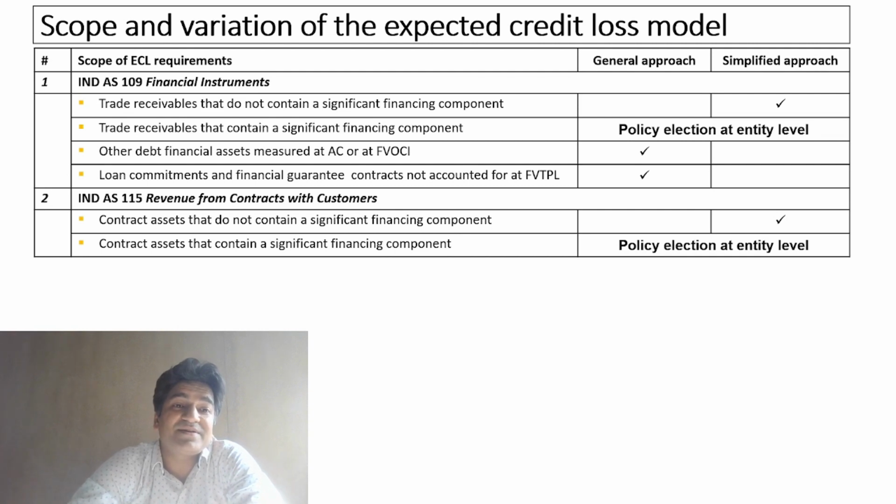However, in case of a trade receivable that contains a significant financing component, it is a choice to be adopted by the entity whether to apply the general approach or the simplified approach. In case of other debt financial instruments, which are measured either at amortized cost or fair value through OCI, the general approach has to be applied.